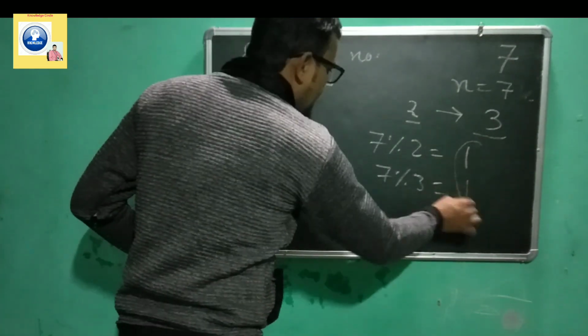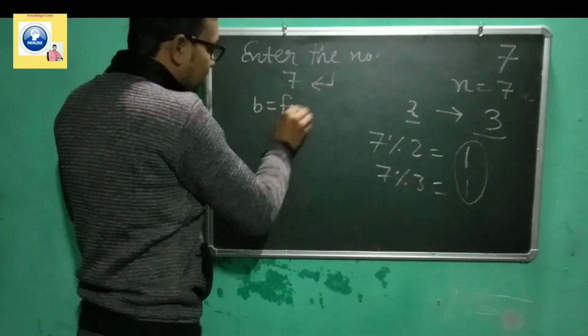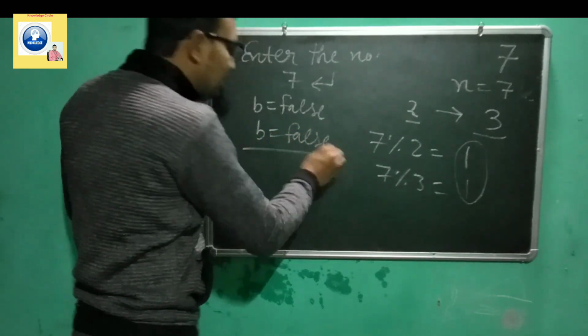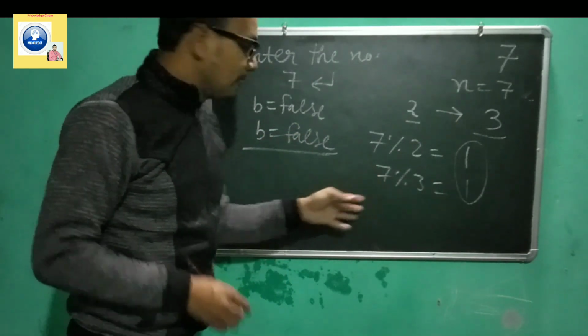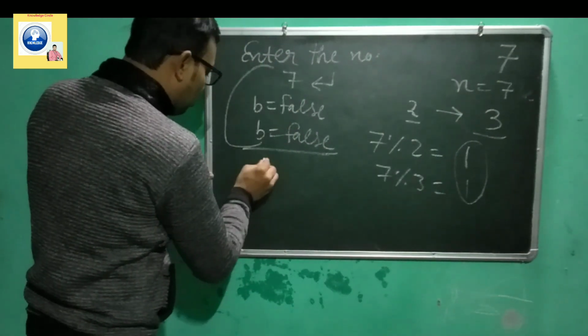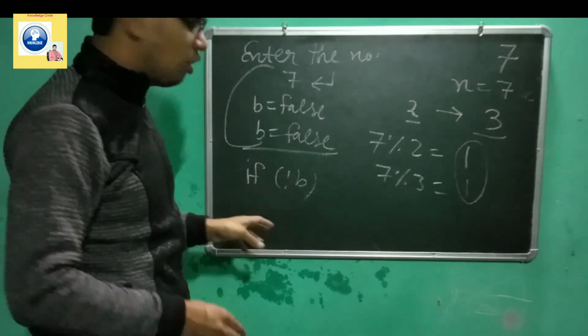It means that the value of b was false in the beginning and it will remain false. It will not become true. And when it is false, then we go to the next if, where it is written not b. What is the meaning of not b?